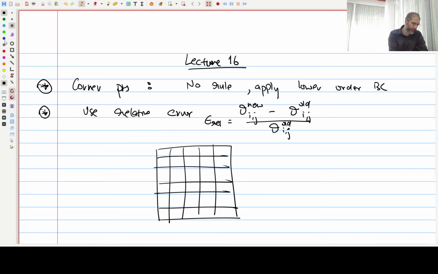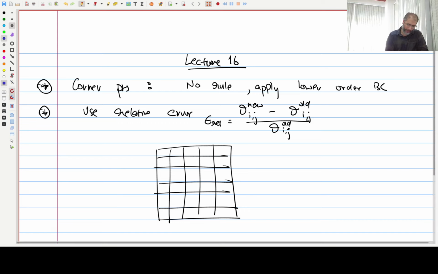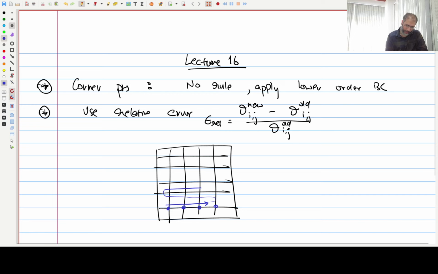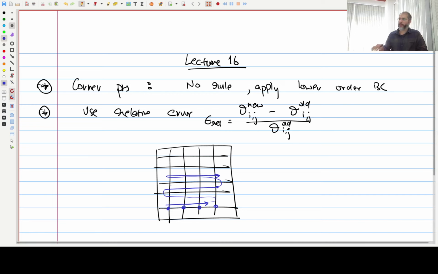For the interior points, we start with this point, the bottom left. That's the first point, first row that is not known. Then we go to this one, then this one, and so on. So we are moving in a certain way. We visit the points left to right, bottom to top.